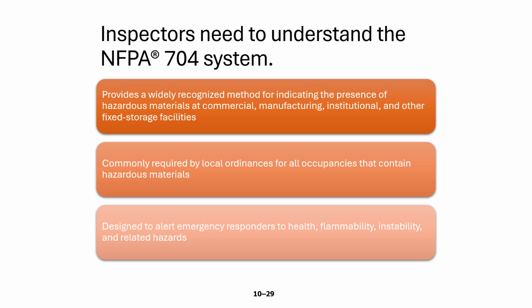Its purpose is to alert emergency responders to health, flammability, instability, and related hazards that are occurring inside that fixed building. These hazards may present short-term acute exposures resulting from fire, spill, or a similar emergency.